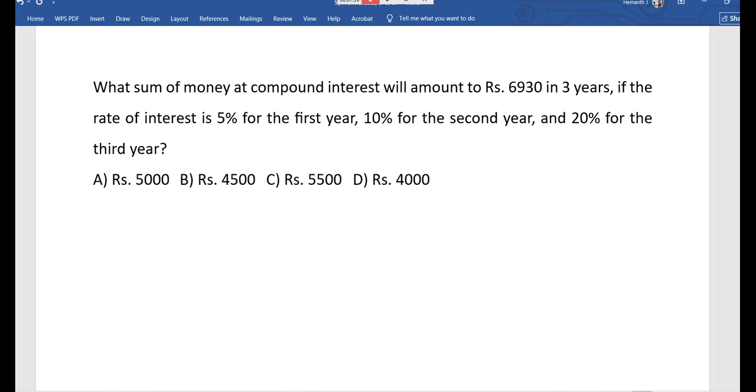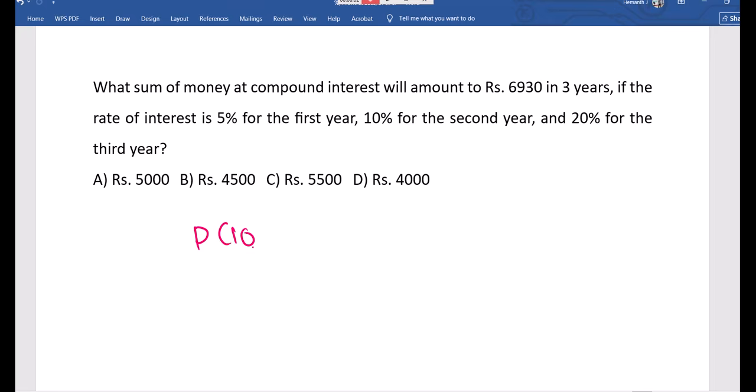What sum of money at compound interest will amount to rupees 6,930 in 3 years, if the rate of interest is, I think similar to the question we already solved, right? First year 5%, second year 10%, third year 20%. And 6,930 is the amount only. Using compound interest, but it's simple.